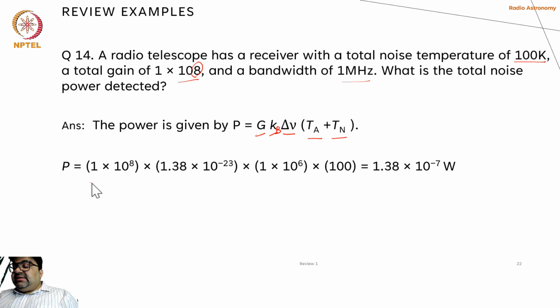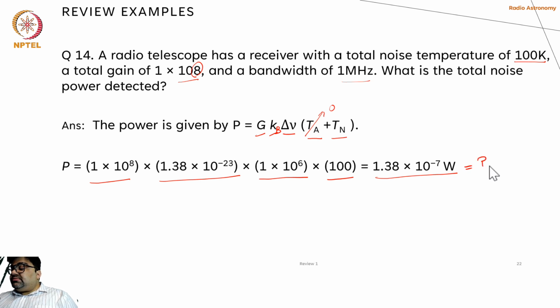Total gain we have written G is 10 to the power 8, then the Boltzmann constant, then the bandwidth, and then 100, which is the noise temperature. Because TA goes to 0 for just the noise, this becomes 1.38 times 10 to the minus 7 watt. This is the noise power, or PN.